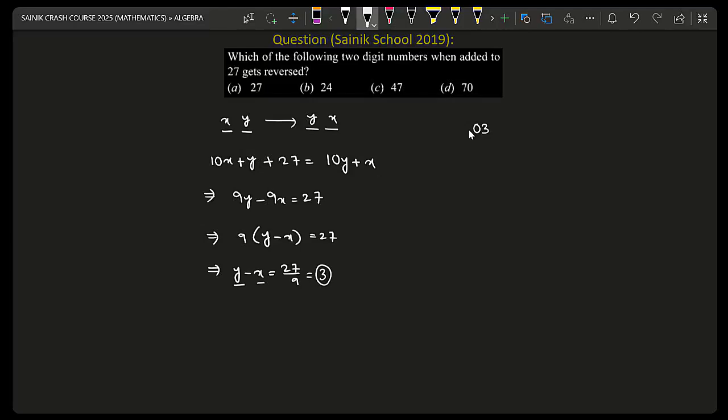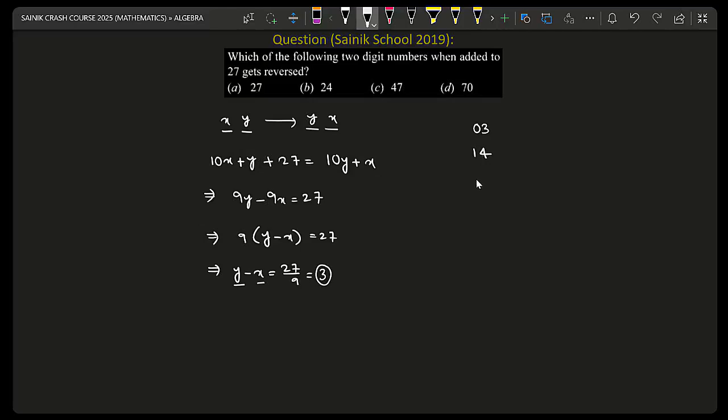30. Yes, sir. So if you take x is 1, y becomes 4. Yes, 1, 4. Now you add 27 to 14. Are you getting 41 or not? That means it's also reversed or not? Yes, sir.